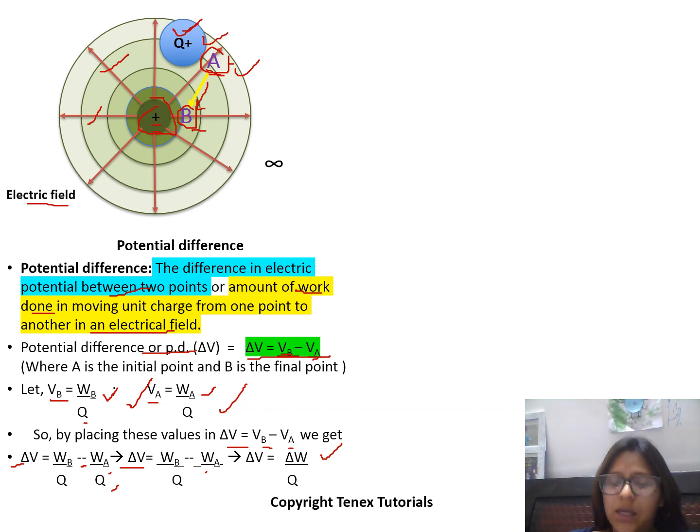Yes, I can. So the final formula becomes delta V is equal to delta W divided by Q. This is the final formula for potential difference.